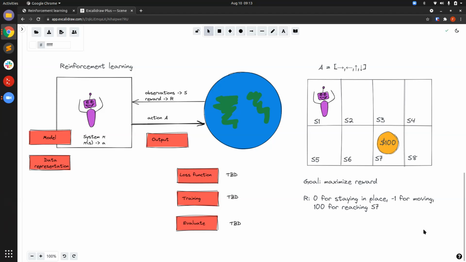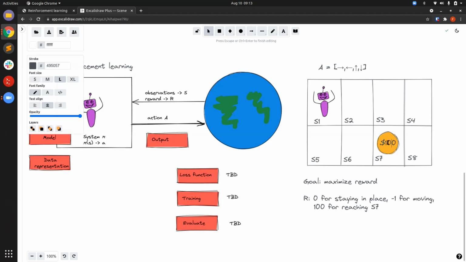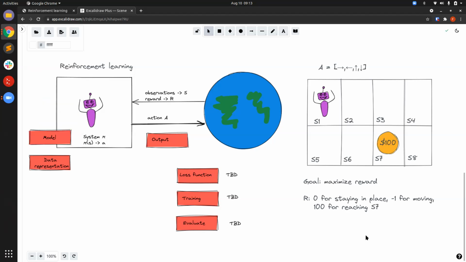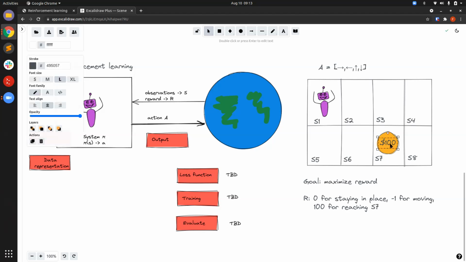What do I mean? Well, it could be that the reward associated with a state is random. So instead of always earning $100 at this state, maybe sometimes you earn 50, sometimes you earn 100, sometimes you earn 150.